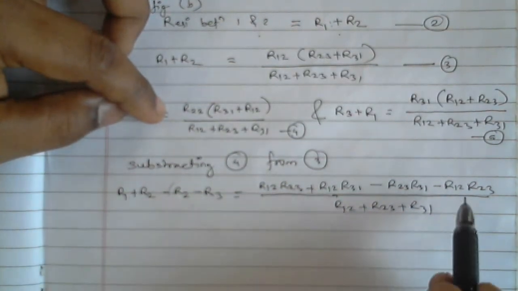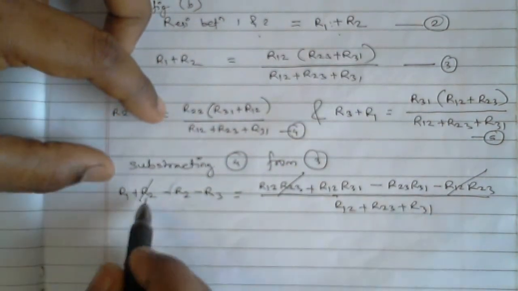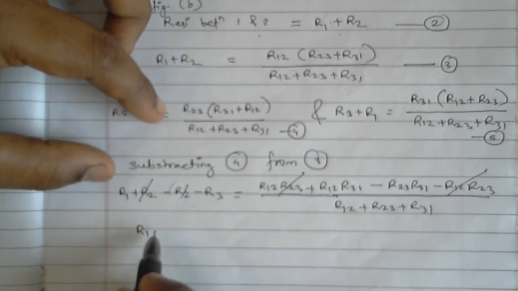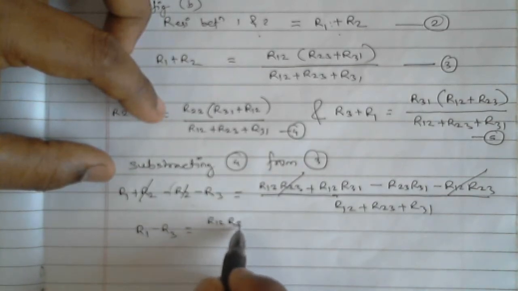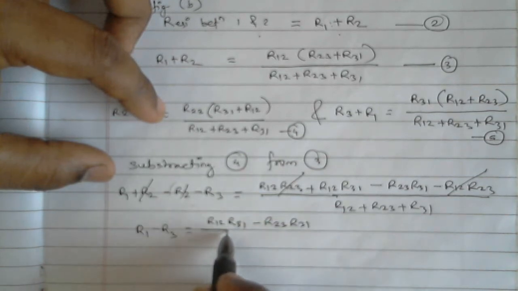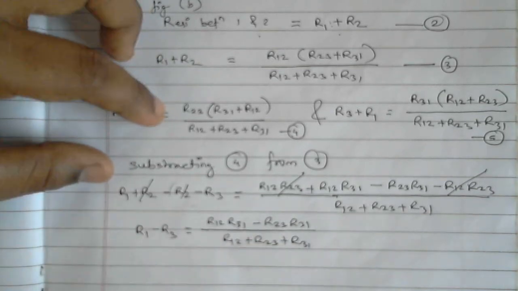Now here R1 R23 and R1 R23, this and this will get cancelled, right? Here R2 and R2 will get cancelled. Now the equation is R1 minus R3 equal to R1 R31 minus R23 R31 divided by R12 plus R23 plus R31.